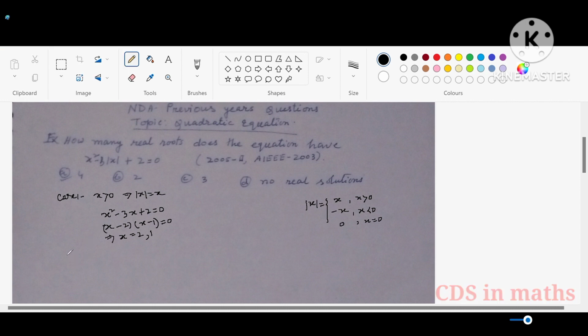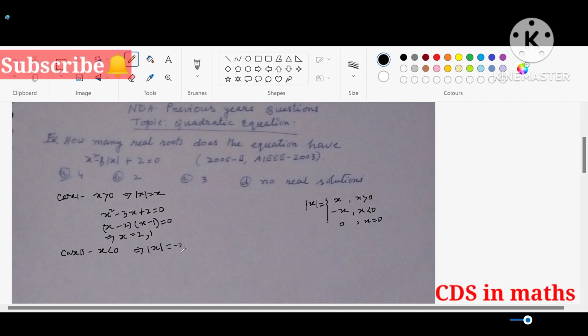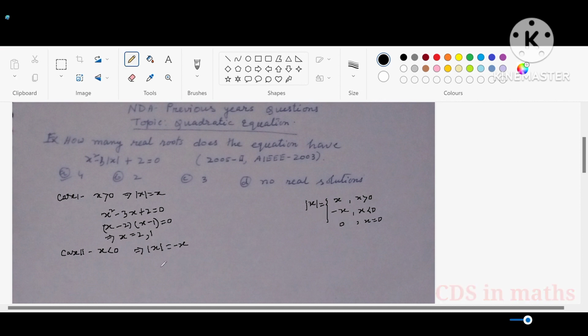Now case 2. If we consider x negative, less than 0, then the mod definition says mod of x will be minus x, because if x is negative, then mod of x is minus x.